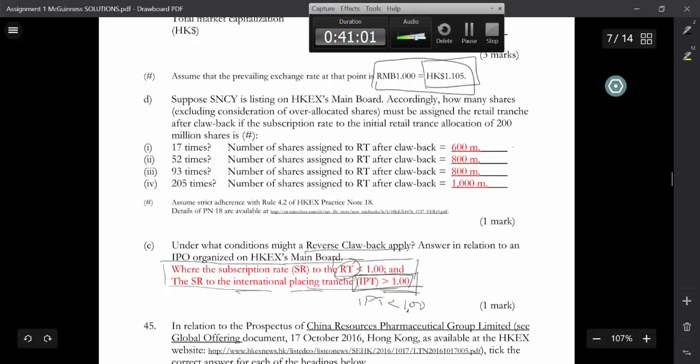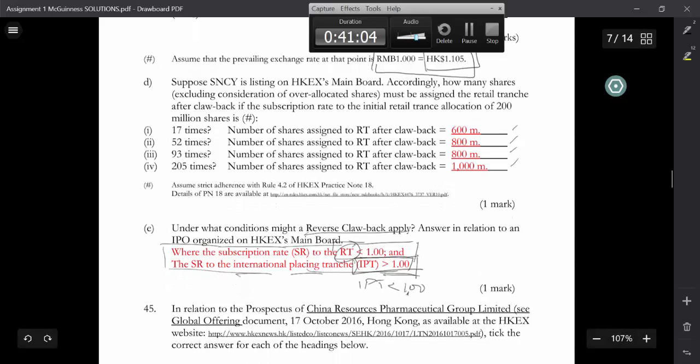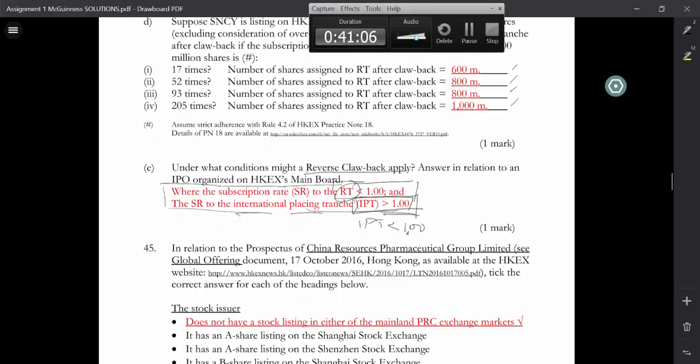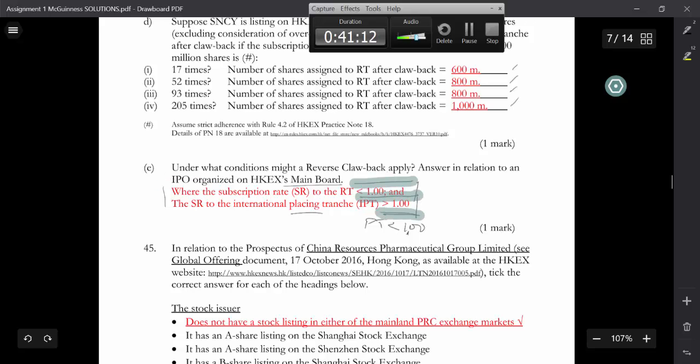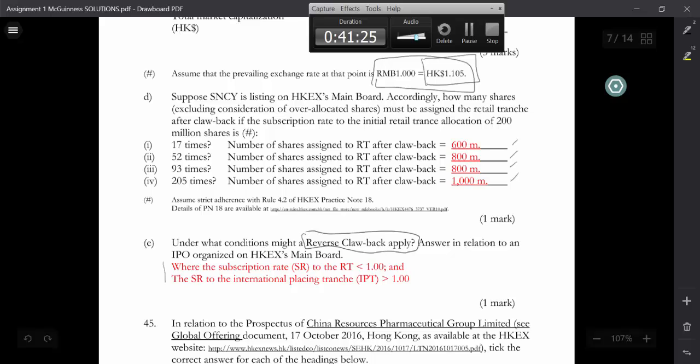Oh, this is just a question on clawback, so it's very simple. Now this one, question 44, part E. This is a good one, and in fact, it relates to what some of you were asking me about, the idea of a reverse clawback. You all know how when there is a lot of retail interest, some of the allocation is moved from institutional to retail.